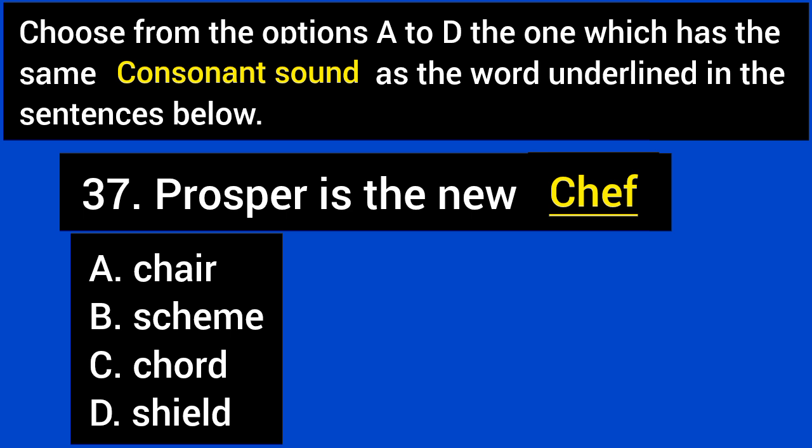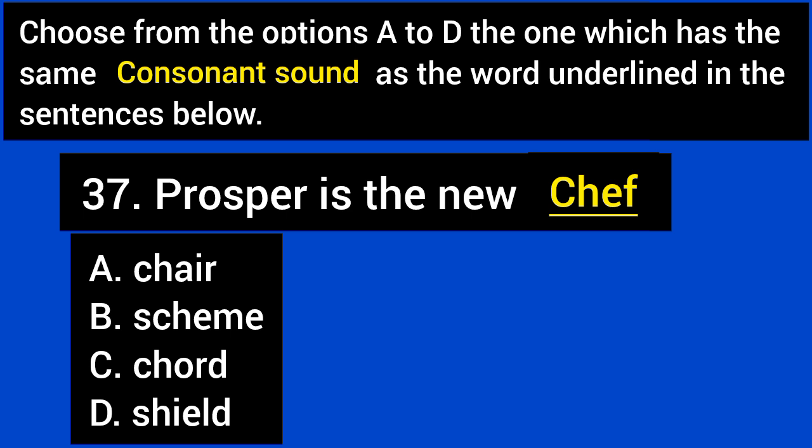Question number 37. We are still looking for the same consonant sound. Now, you have to be aware of the instructions. We are not looking for the consonant word or the consonant letter. We are looking for consonant sound. So you have to be careful with the instructions.